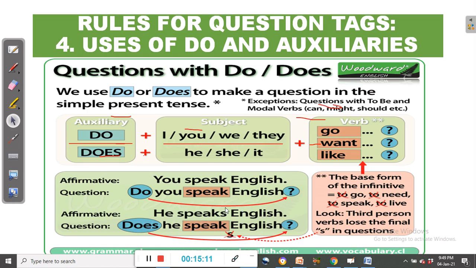If we have to convert it to a tag question, then we begin with a sentence. He speaks English. Doesn't he? All right. So that is exactly the way it works, and I hope you have seen that quite clearly. That's the way it works. All right. So let's proceed.